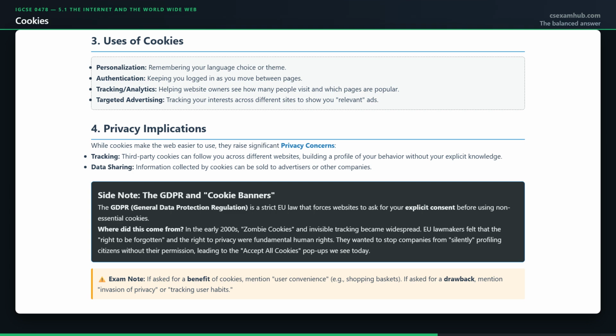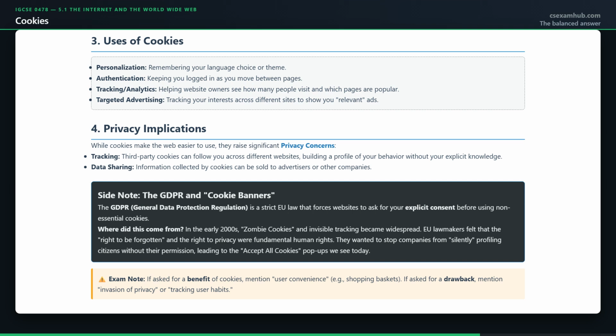Questions in this area often ask you to discuss cookies rather than describe them, which means giving both sides. In their favor, they make websites genuinely more convenient, remembering preferences so you do not reconfigure a site on every visit. They enable shopping baskets and logins to work at all, and they let a site be personalized to the individual. Against, they track browsing behavior, often across many sites.